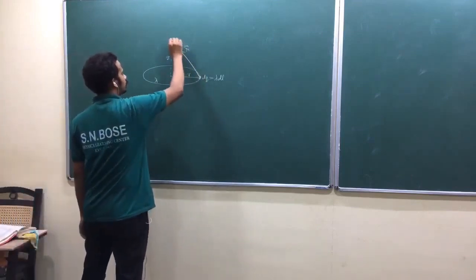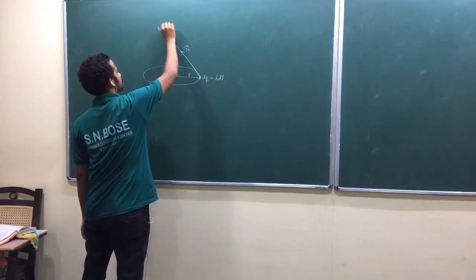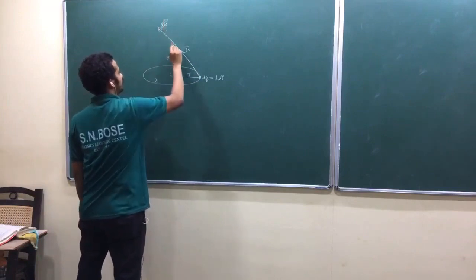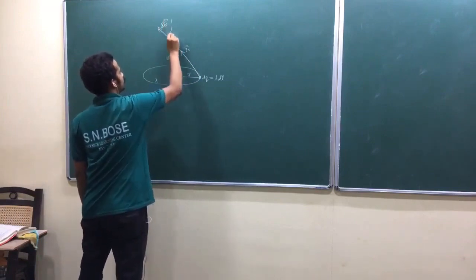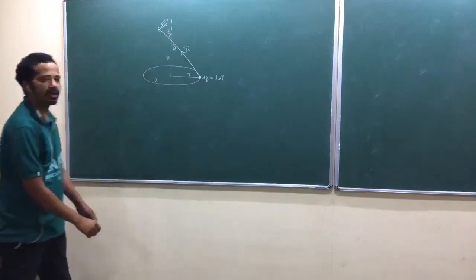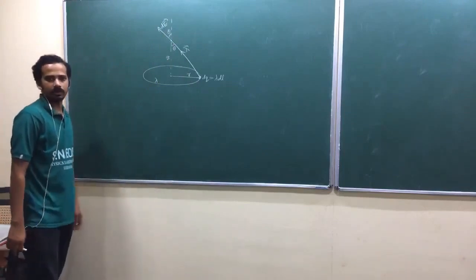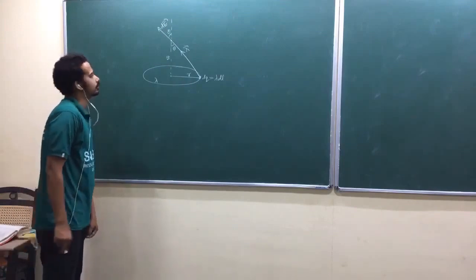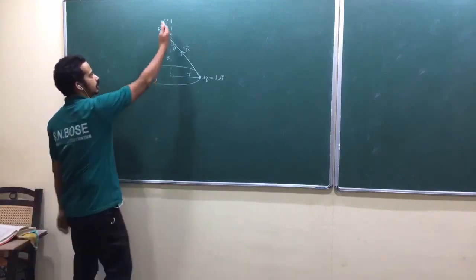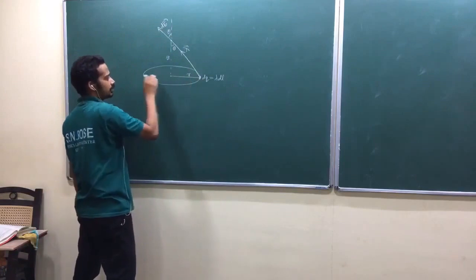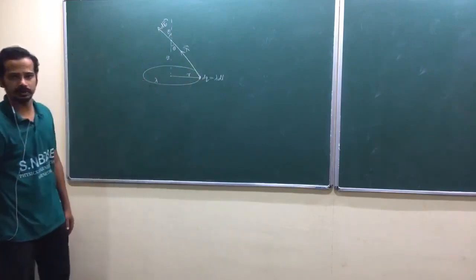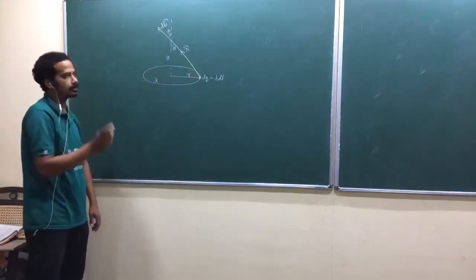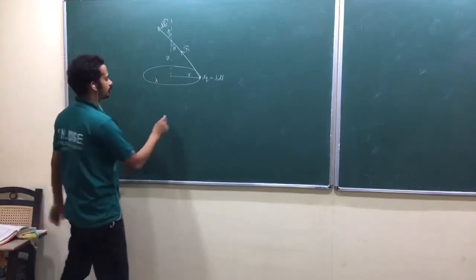So now let me write this as dE. This is theta, then this should be theta. Now dE cos theta will contribute. If you have to integrate dE cos theta, we have done this, am I right? The dE sin theta horizontal component will cancel with the other element here. All horizontal components will get cancelled, only vertical components will get added.